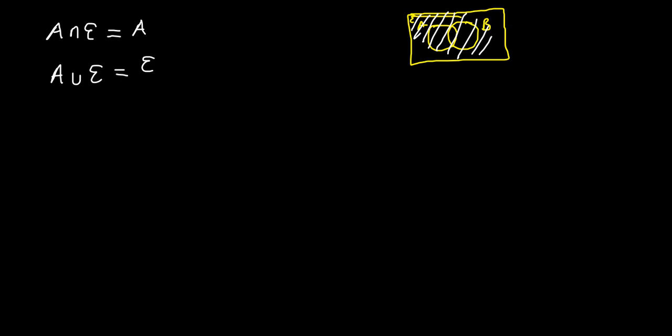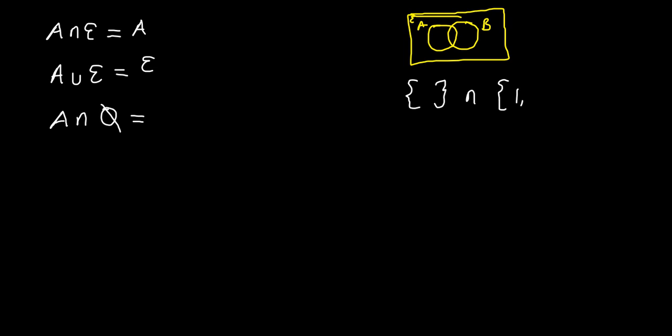Okay. So another thing that you need to know is this. Anytime you get a set, you intersect it with an empty set. Anyone that can help, what do you think is the answer? Remember, intersection is what is common. So let's say this is an empty set, and the set A has the elements 1 and 2. What is common between these two sets? Anyone?